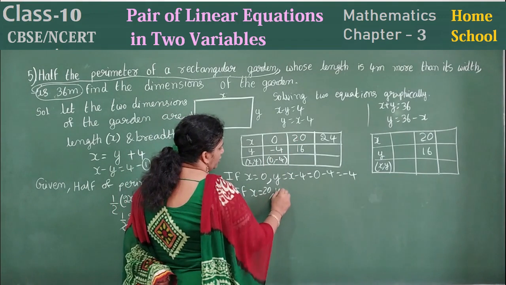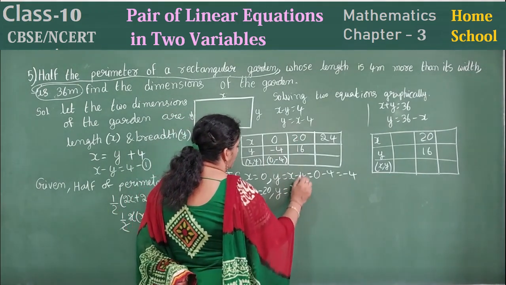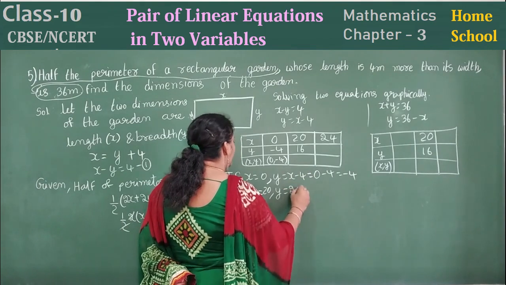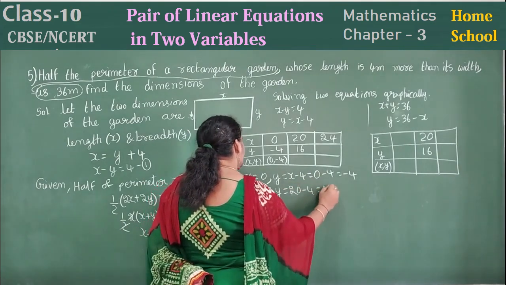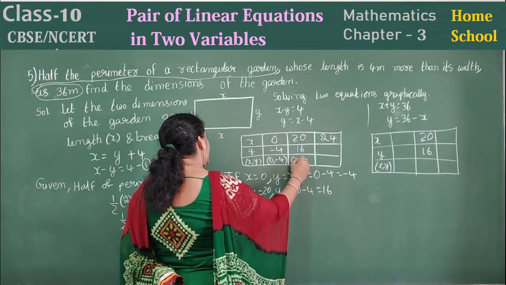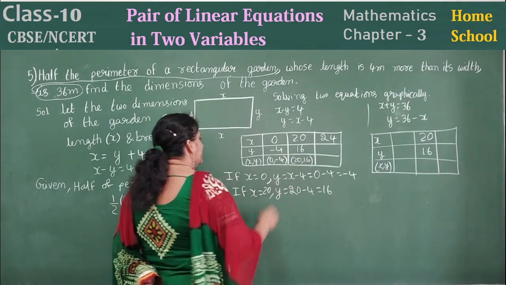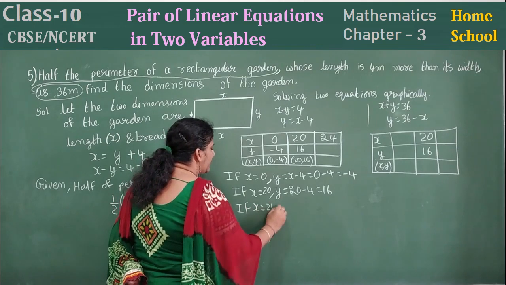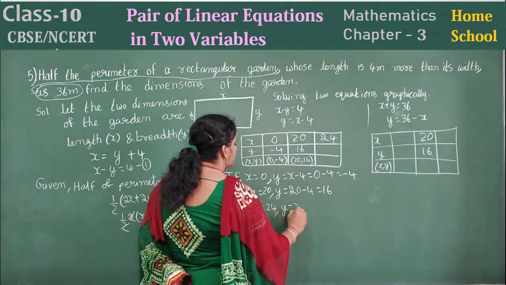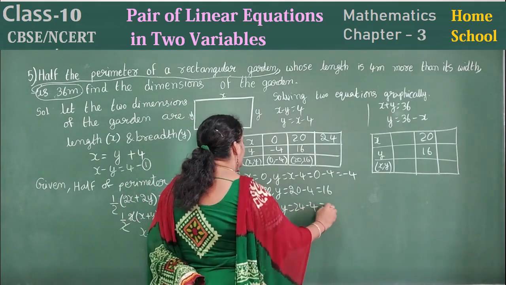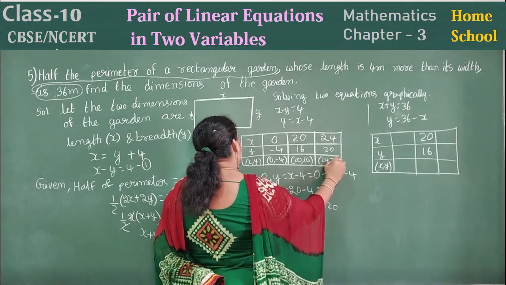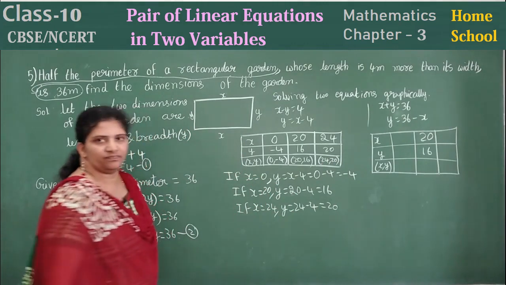If x is equal to 20, y is equal to x minus 4, directly I will substitute here. 20 minus 4, it will be 16. Yes, 20 comma 16. Let's go with the third one. If x is equal to 24, y is equal to 24 minus 4, that will be 20. Yeah, coordinate is 24 comma 20.